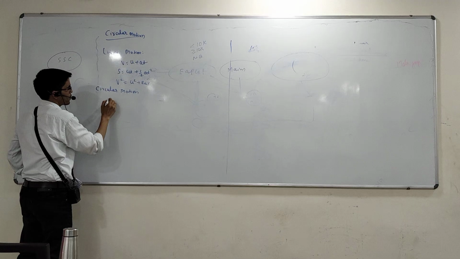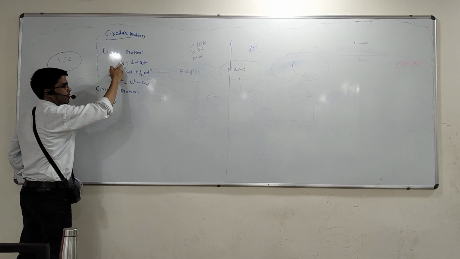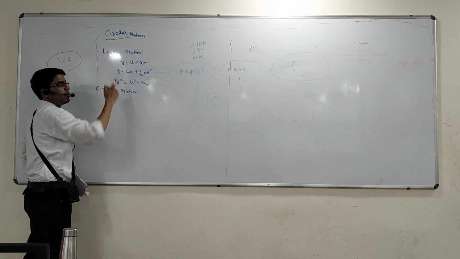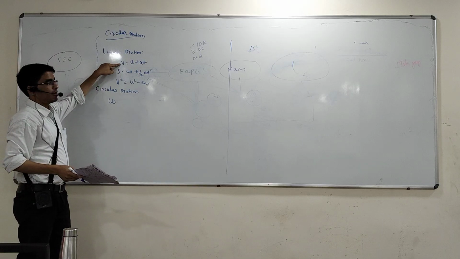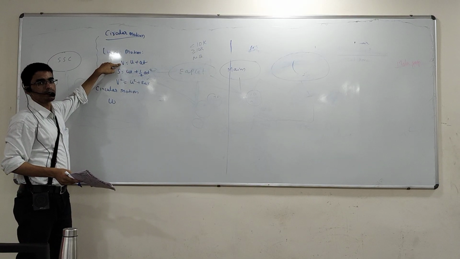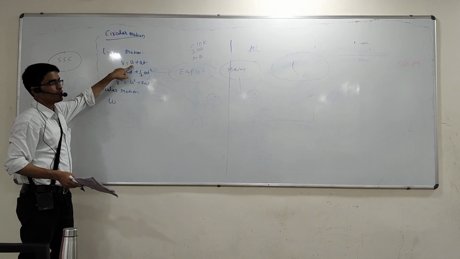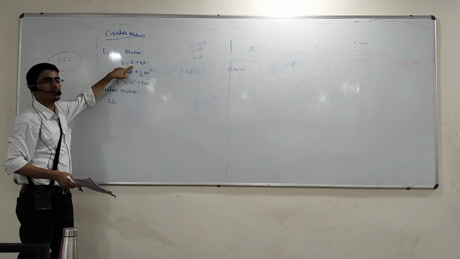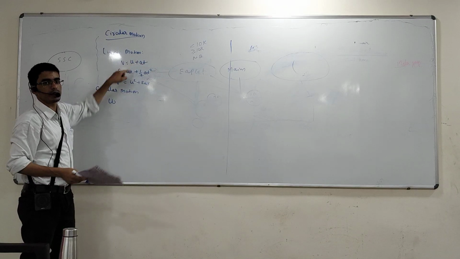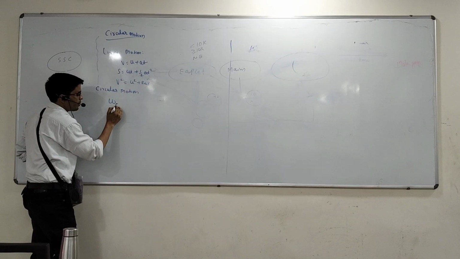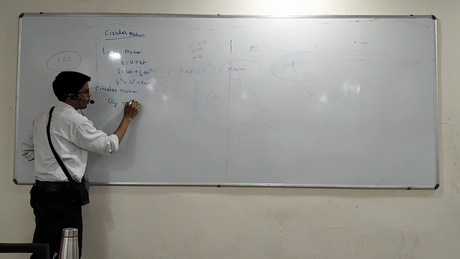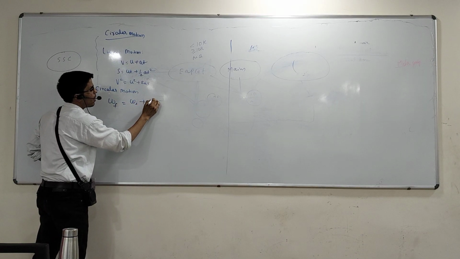Here, v is ds by dt. Is v linear velocity or angular velocity? Linear velocity, final and initial. So we can write omega final equals omega initial plus alpha into t.